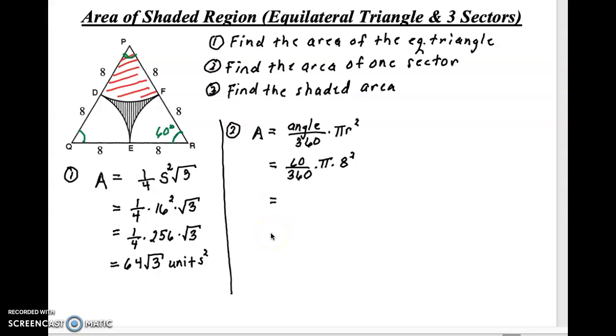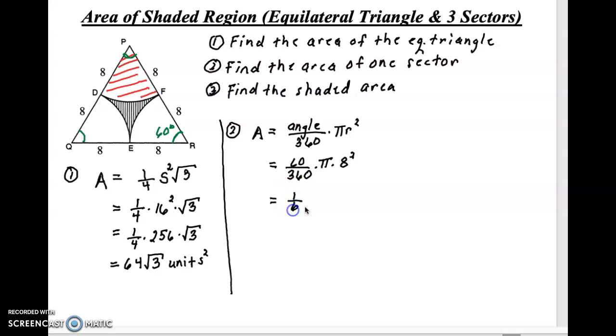Now, 60 over 360, if we try to simplify that, 60 goes into both of them, right? So if we simplify 60 over 360, that should be 1 over 6, because 6 over 36 is 1/6.